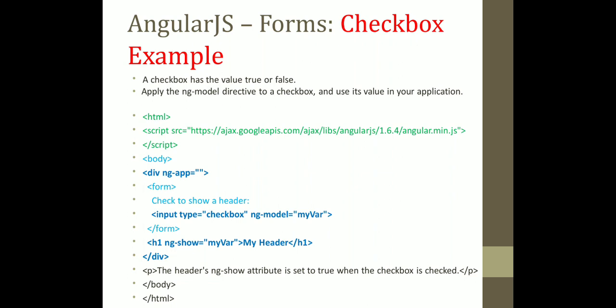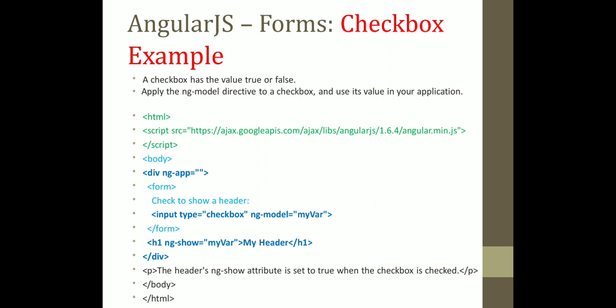I started the HTML and we have entered the script with the source link. In the body section we have used the ng-app directive. We haven't provided any name here, just kept it blank, and we have just started the form. In the form we have provided a statement, check to show a header.